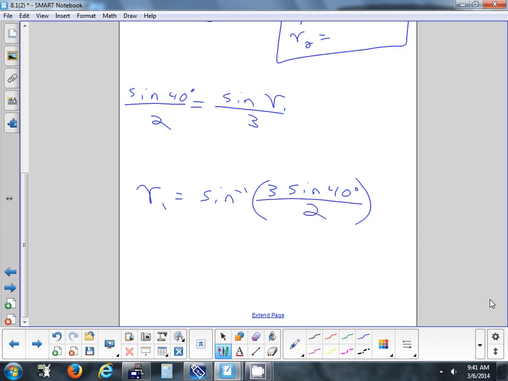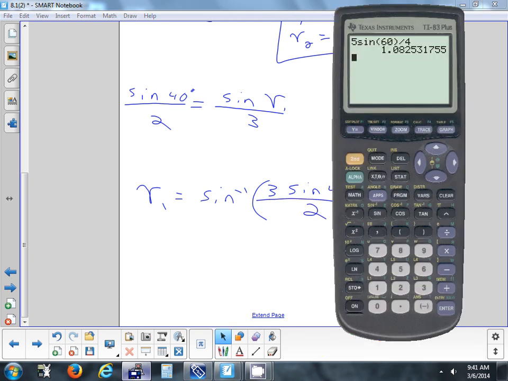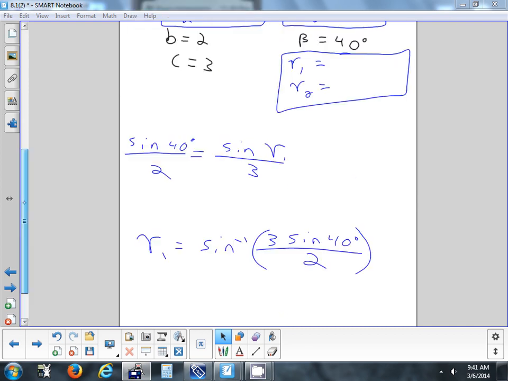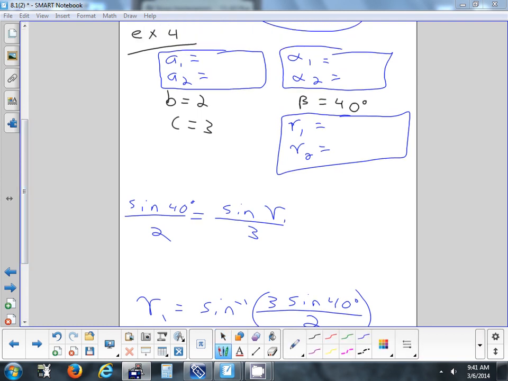That's fine. Okay, let's see what we get. So 3 sine 40 divided by 2 is less than 1, so that's how I know I get 2 answers. I just use the answer key to type it in. 74.619.